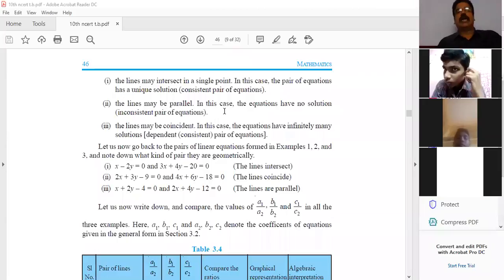If the equations are parallel, they have no solution, and those equations are called inconsistent. The important point is that for inconsistent equations, we need not solve. Only consistent equations we have to solve.